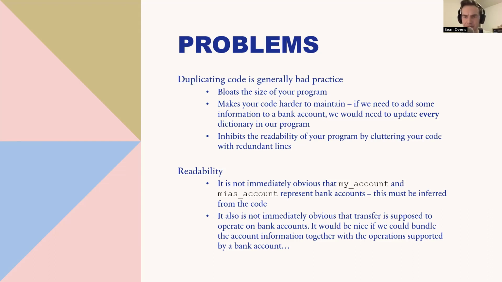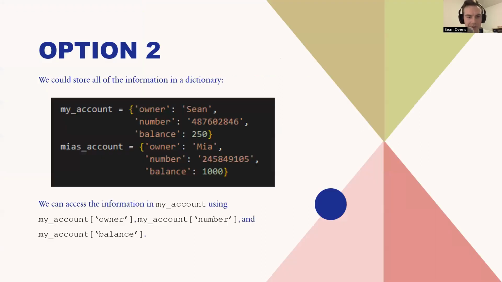First of all, it isn't immediately clear, looking at my account and Mia's account, that these variables represent bank accounts. You have to actually infer that yourself as the reader from the code. I mean, if we just look at my account and Mia's account on their own, maybe these represent credit cards.